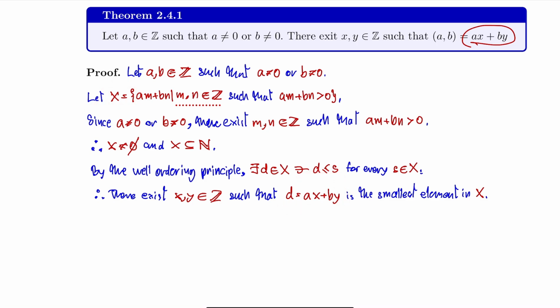The next thing I'm going to do is show that the greatest common divisor of a and b equals this ax plus by.